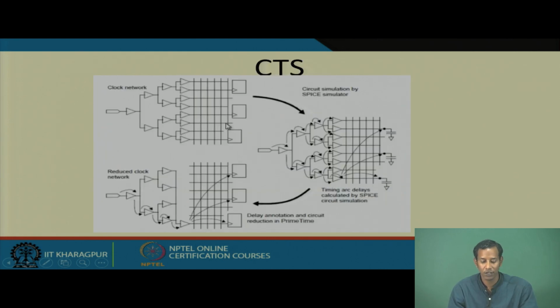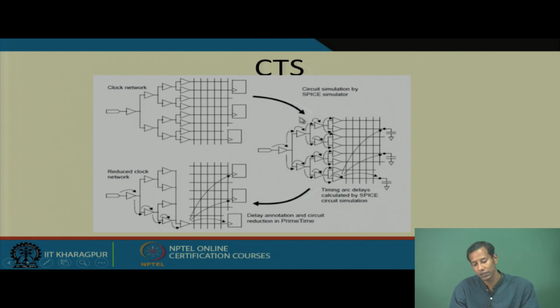Now this is clock tree synthesis. This is the clock source pin, and it is connected as an H tree. From one buffer it is connected to 2 buffers, then again 2, and it is distributed further, creating the network, and it connects each and every sequential element present in your circuit.